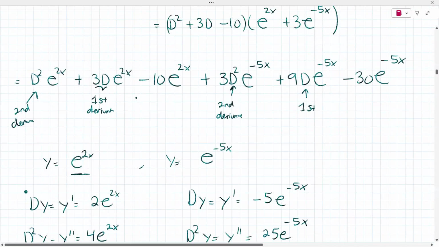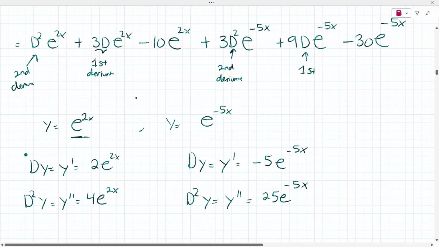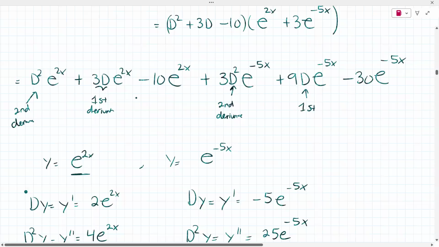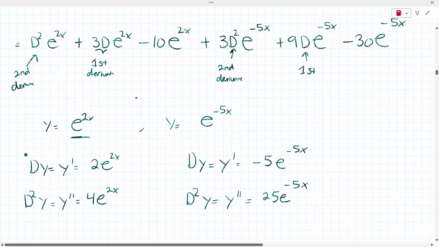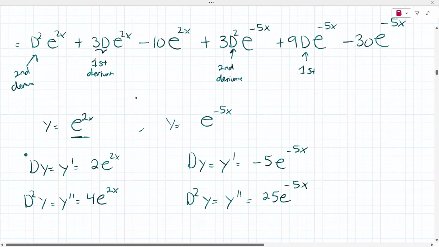And then just replace what we have. So d squared is 4e to the 2x. And then over here, d is y prime, which is 2e to the 2x.